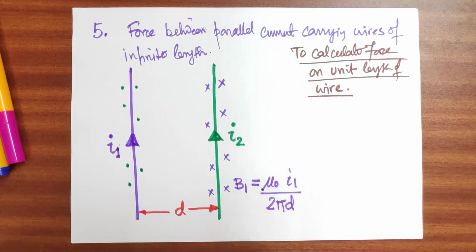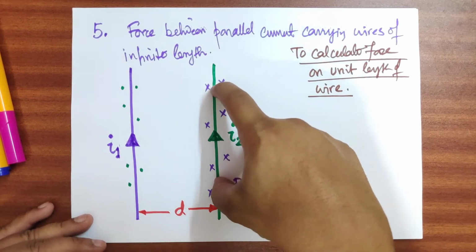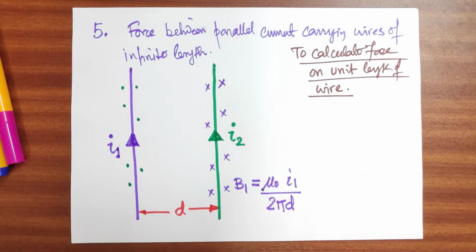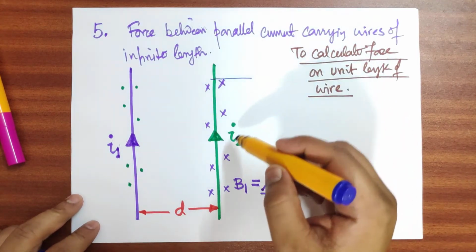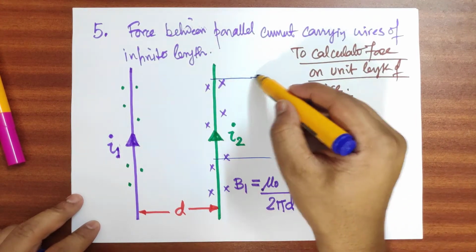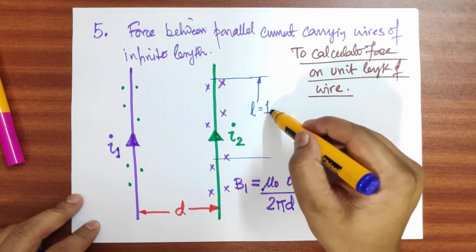However, we don't need that. We need to calculate the force on length 1 of this green wire. So we first choose unit length of this wire, making L equal to 1.